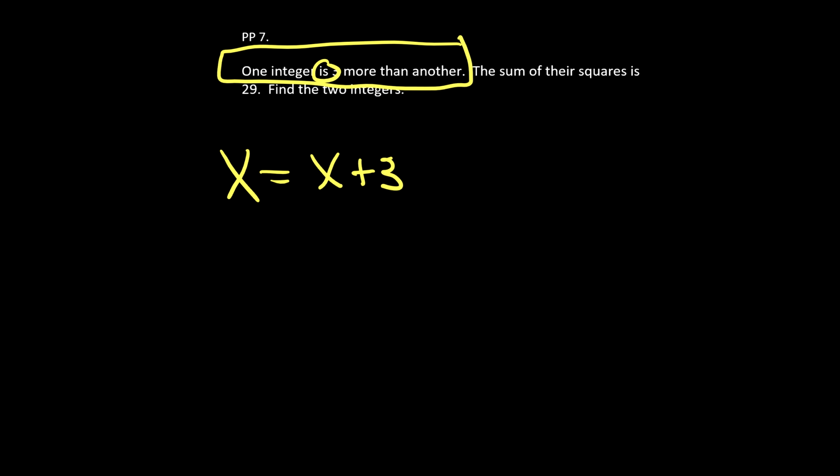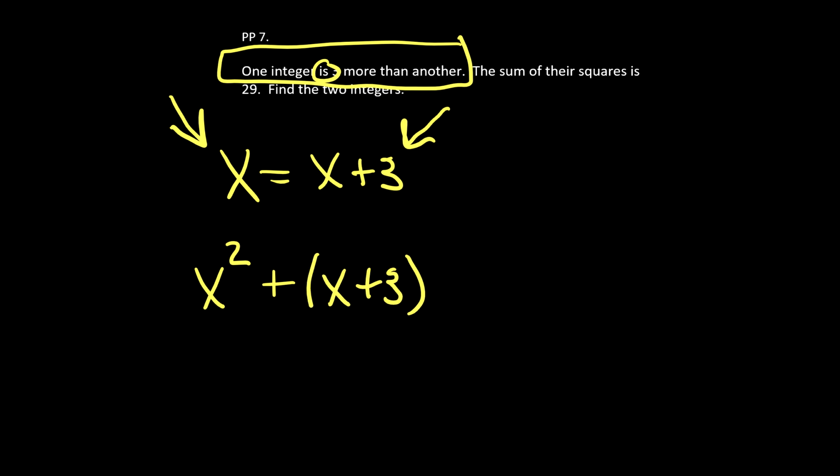The sum of their squares is 29. The sum of their squares. All right, well, this is one number, and here's the other number. So the sum of these has got to equal 29, the sum of their squares. So I'm going to rewrite this to be x squared, the sum meaning its addition, x squared plus x plus 3 squared.